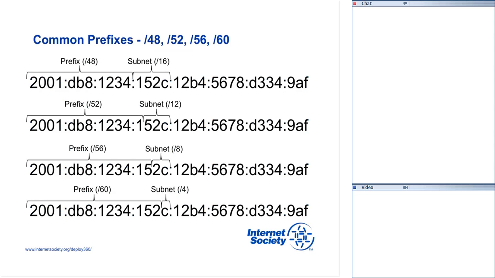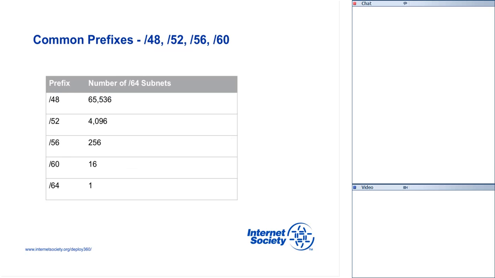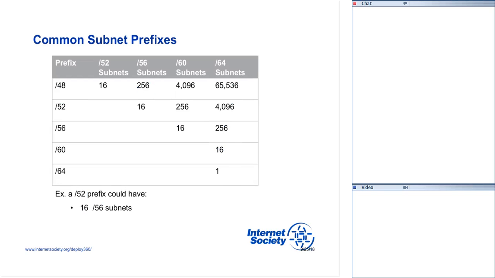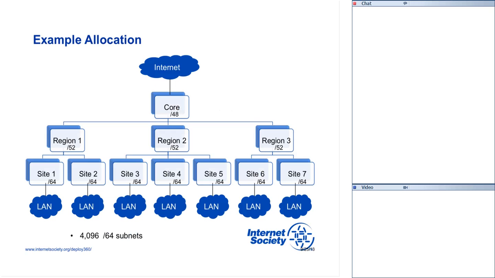A /56 lets you use 2, and a /60 lets you use 1. We talked about how these are the common prefixes that we use and the number of subnets that you can get. And these slides are available for you to download, and we'll have them up so you can see that. We talked about a common allocation you might have.